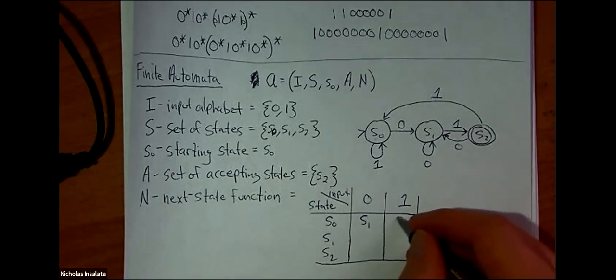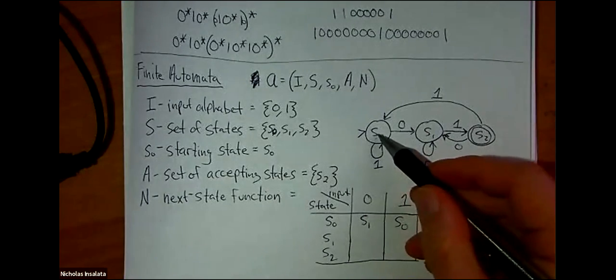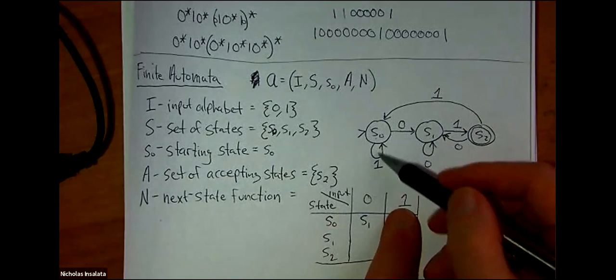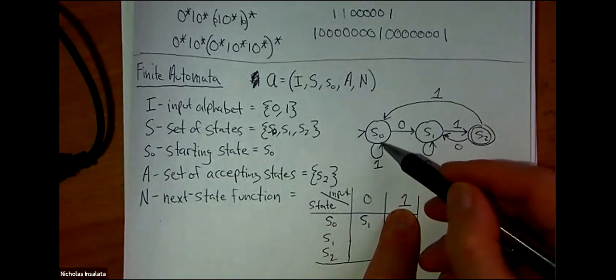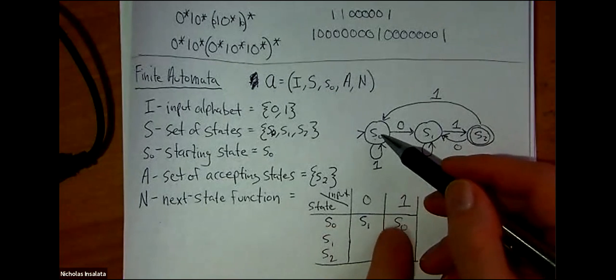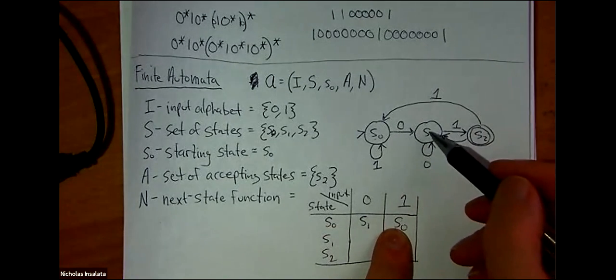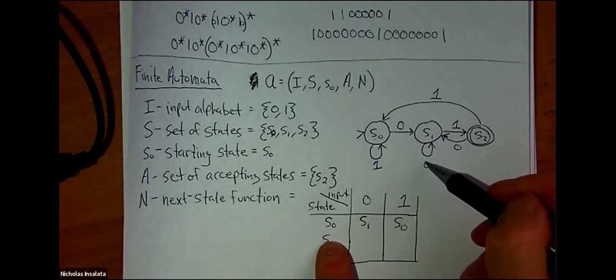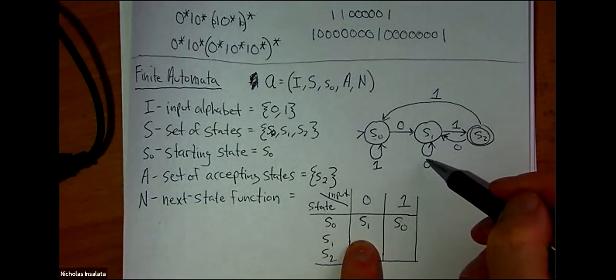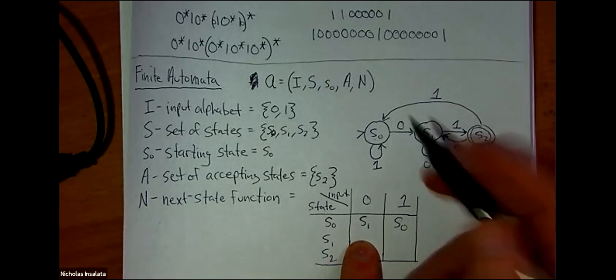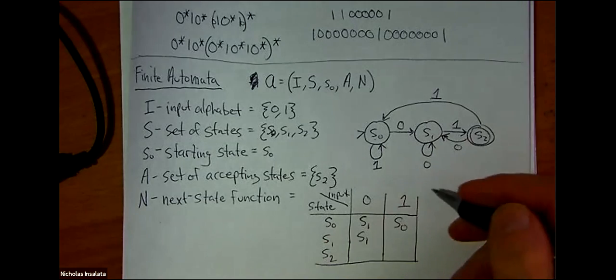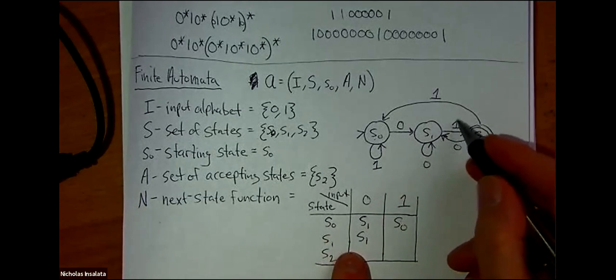S0, nice. We're starting at S0, reading a 1, which takes us back to the same state as 0. Okay, how about S1 reading a 0? Where are we going to go? S1, good. About S1 reading a 1.